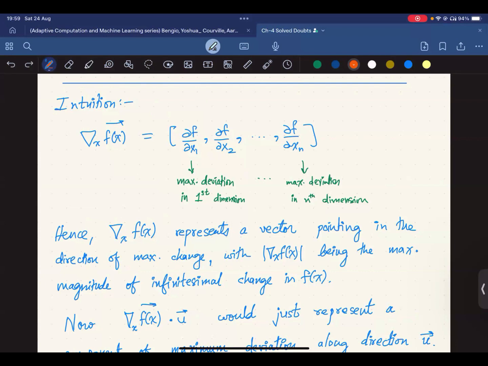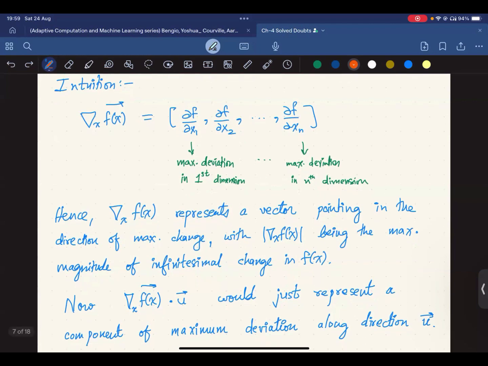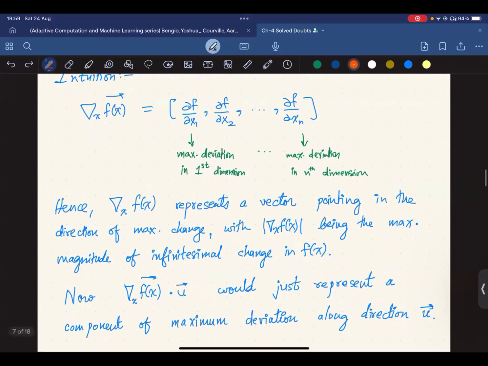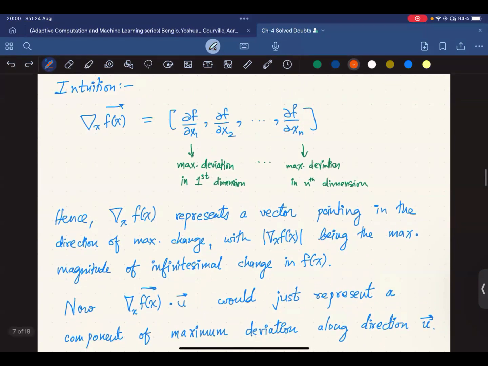So this vector consists of maximum deviations in multiple dimensions. This is the only reason the gradient of f of x represents the maximum change that can happen to f of x from the point x. And when we want a directional derivative in some direction u, we can just take a component of this maximum deviation. That is nothing but the gradient of f of x dot product with u. So this is the intuition.